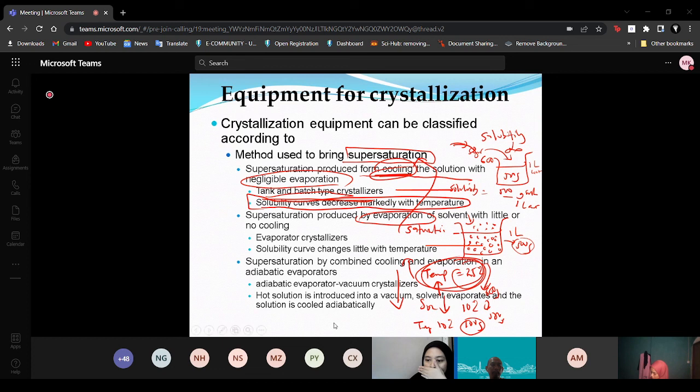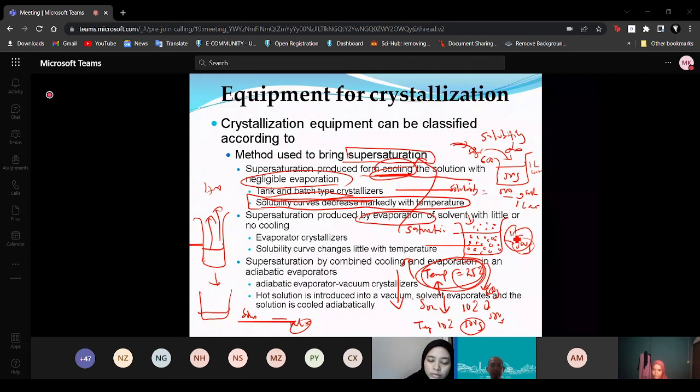When you have evaporation, you learned evaporation in unit operations. Let's say this is your vessel and you evaporate it. When you evaporate water, you remove H2O, so the volume decreases. Solubility also depends on the volume. Earlier it was 1 liter; now imagine you only have 200 ml.